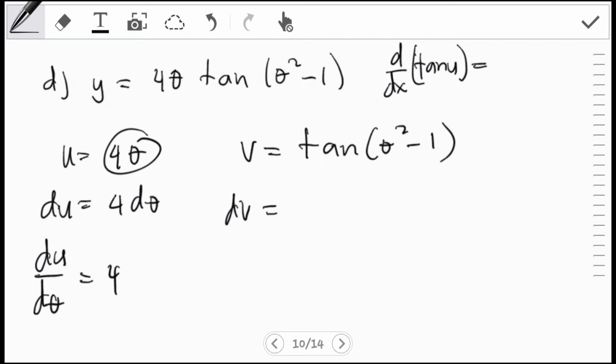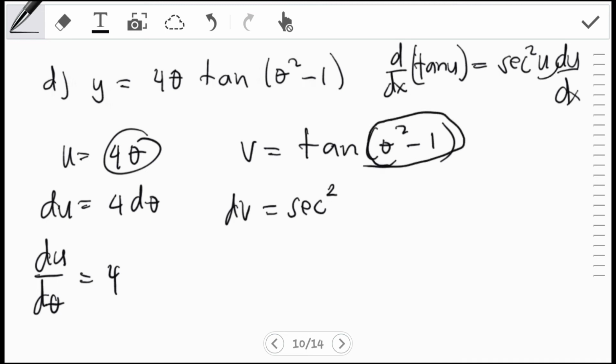Okay, so the derivative of tan u is equals to secant squared u du over dx. Okay. So therefore, this is a secant squared, where u here indicate by theta squared minus 1. Okay.